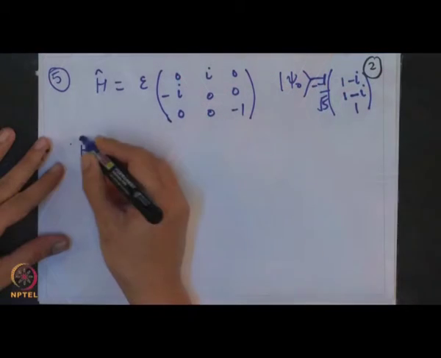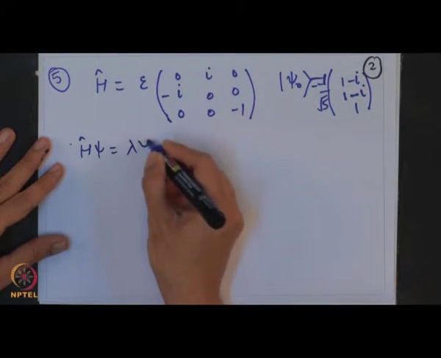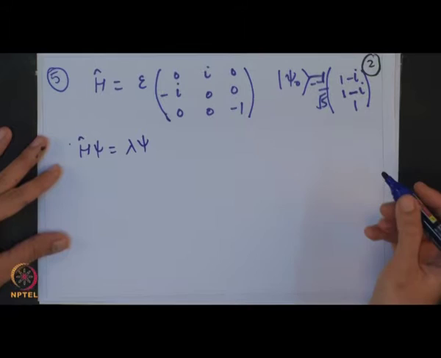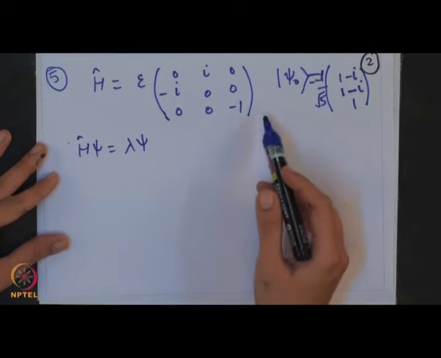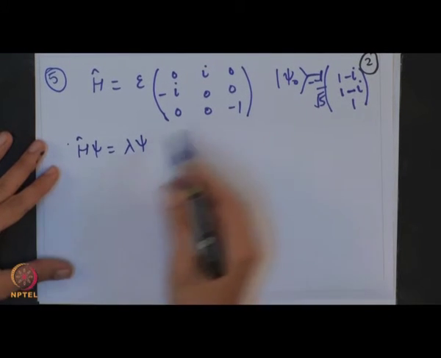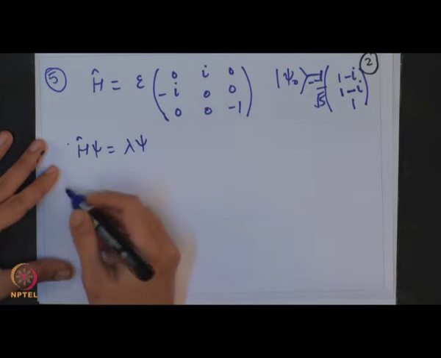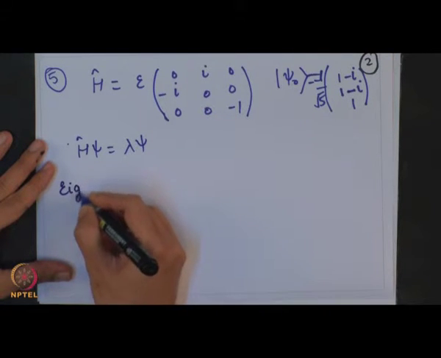So, to get started with, we have seen in the previous part how we calculate the eigenvalues and eigenvectors. If a Hamiltonian operator or any operator is given to you, you can simply use the energy eigenvalue equation H psi is equal to lambda psi, where lambda is the eigenvalue. So, now you have a 3 cross 3 matrix. You will use the same logic, and the eigenvalues.